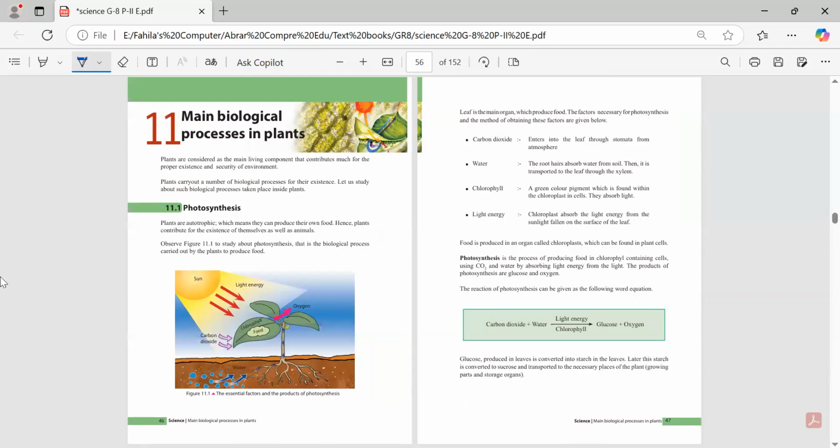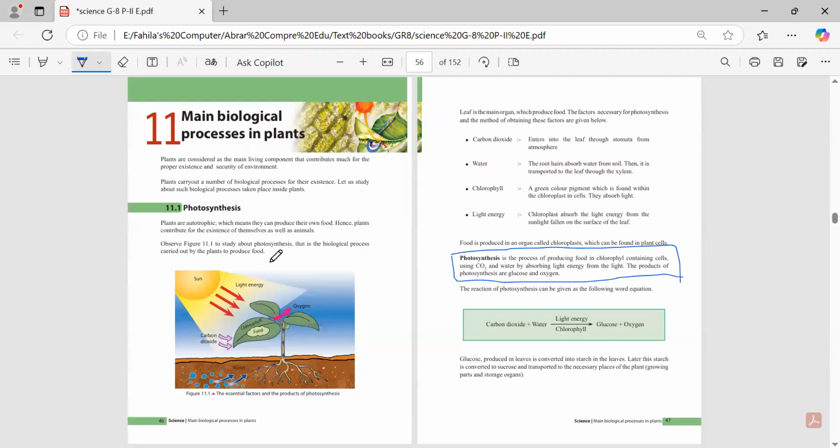So the first one, photosynthesis. You know what is photosynthesis, isn't it? So what is photosynthesis? Production of food using sunlight. Production of food using sunlight. So now you have to know an exact definition, without missing out any part of this definition, right?